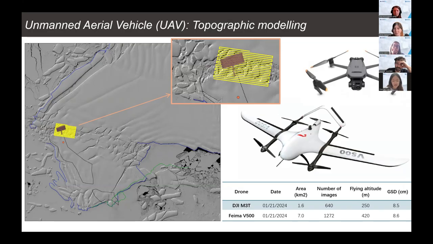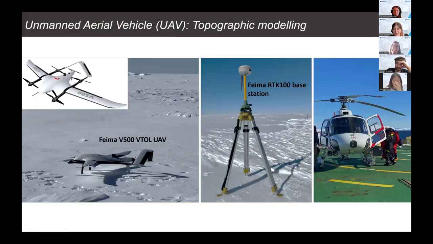One is a small DJI drone, and another one is a large fixed-wing drone. And here are some photos during our field work. We also have a GNSS station to maintain highly accurate georeferencing for the imagery.